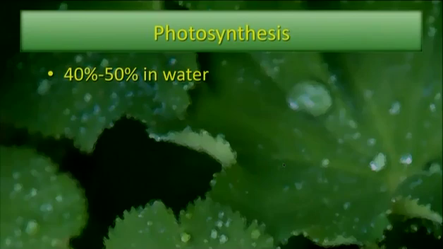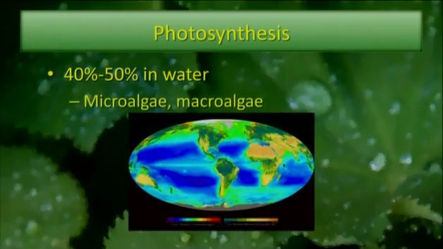Now 40 to 50% of photosynthesis occurs in water, and 40 to 50% of the oxygen originates in the oceans and lakes of the world. This is a nice image showing areas where there's an abundance of chlorophyll a, where this area is shaded.